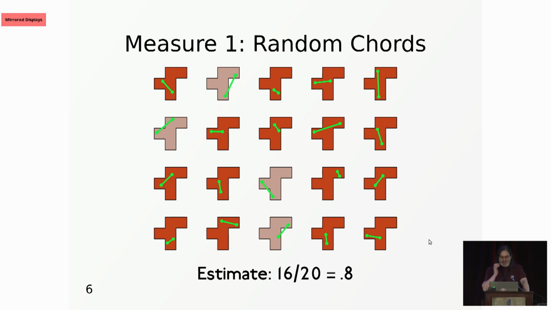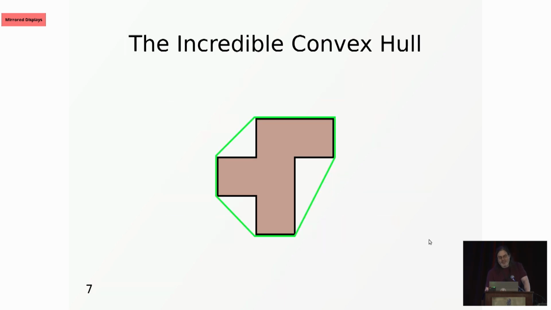Of course, you can actually do math that gives you a precise answer of how probable it is for one of these chords to be inside the pentomino, but doing simulations is easier. Next thing, and so there's more ways.